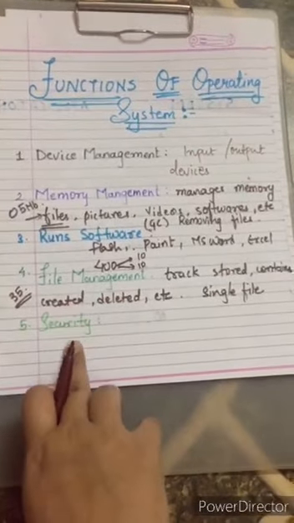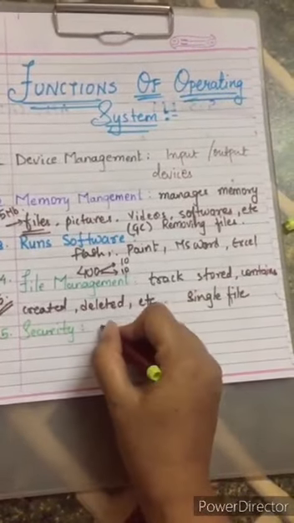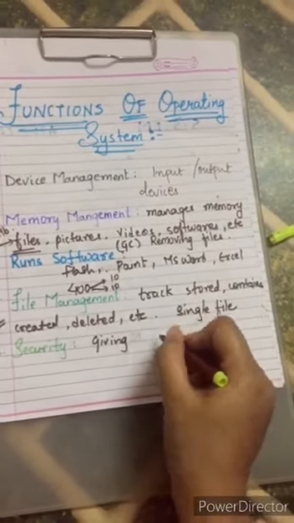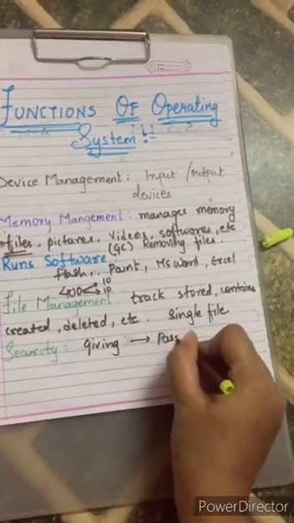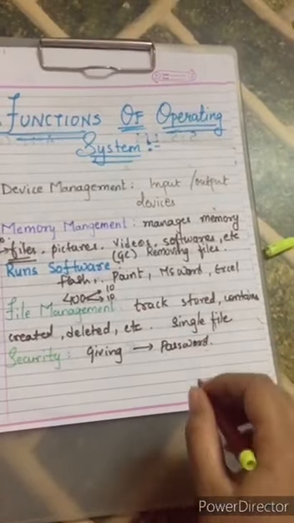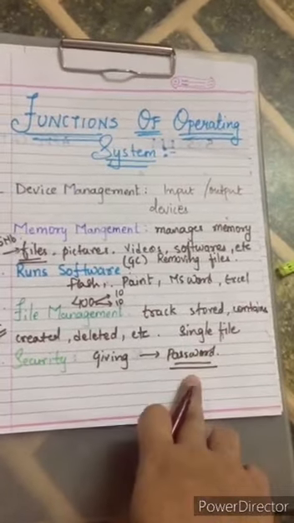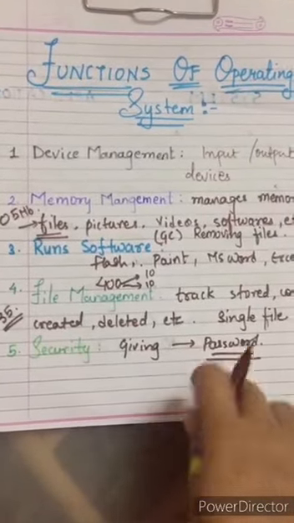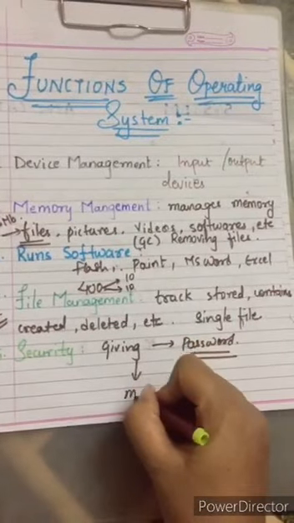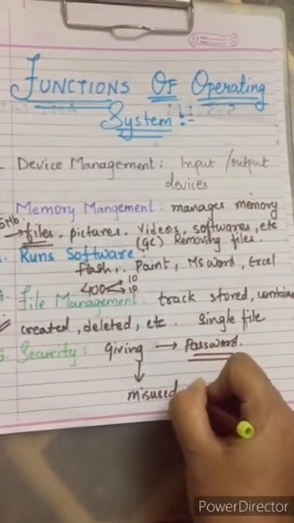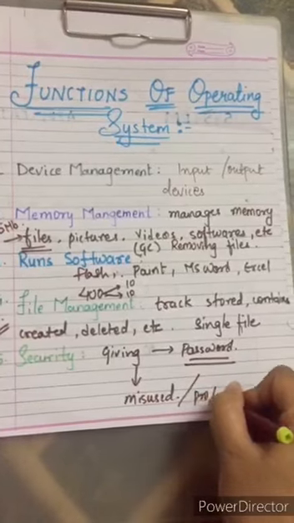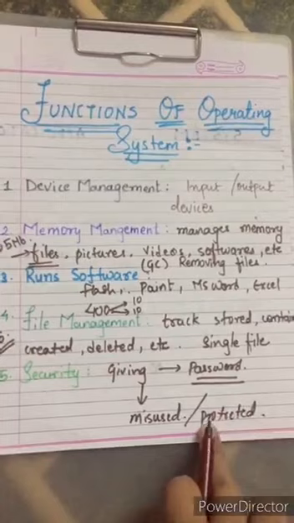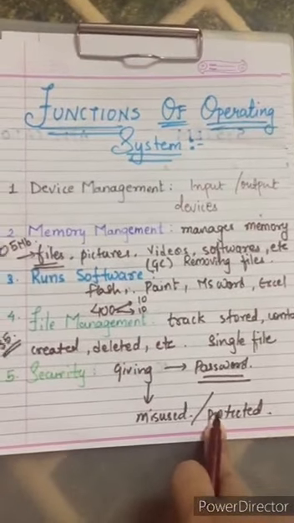And the last one is security. The OS provides security by giving you the option of using passwords. That is, the OS gives you the advantage of setting a password for your computer, so that your data will not be misused and will be protected from other users without asking you or getting your permission.